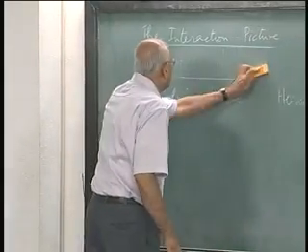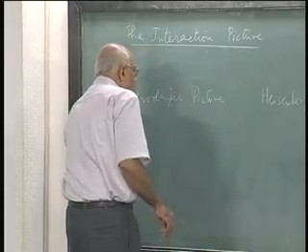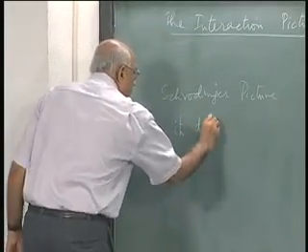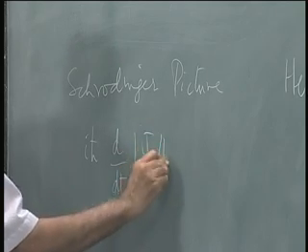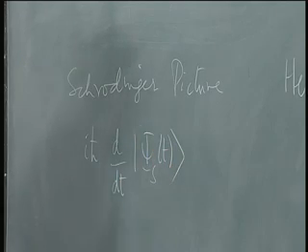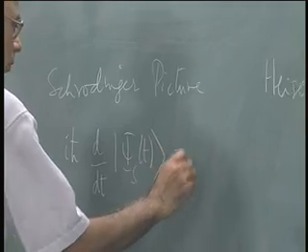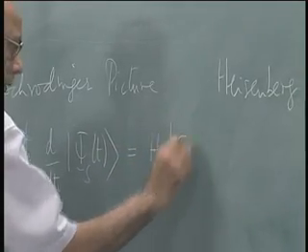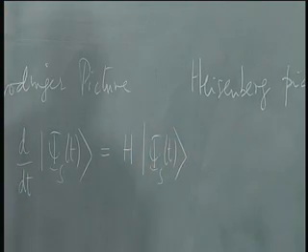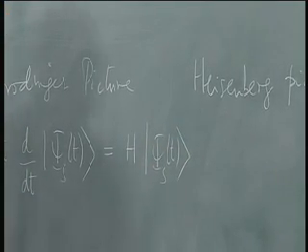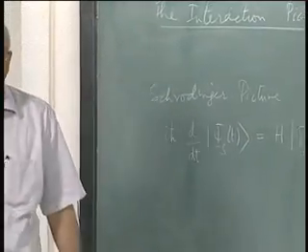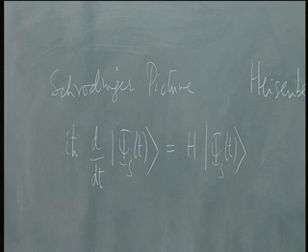So in the Schrodinger picture we started with Schrodinger's equation, which is i h cross d over dt of the Schrodinger wave function or state vector, psi s of t, equal to the Hamiltonian H acting on psi s of t, which is the total Hamiltonian of the system, and that is the equation satisfied by the state vector in the Schrodinger picture.